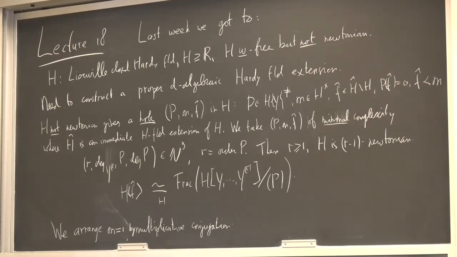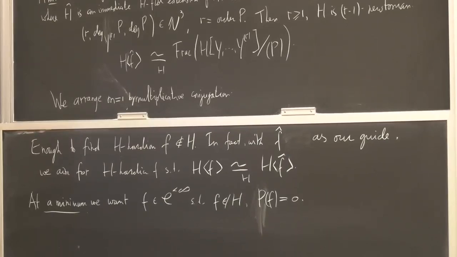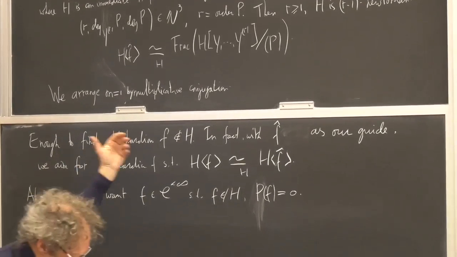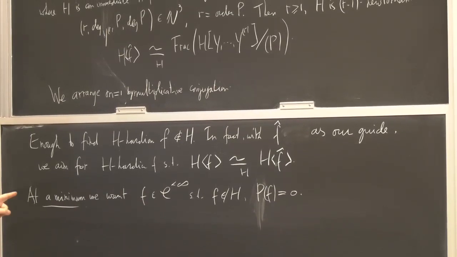So now it will be enough to find an H-Hardian F, that means an F that lies in a Hardy field extension of H, which is not in H itself, right?